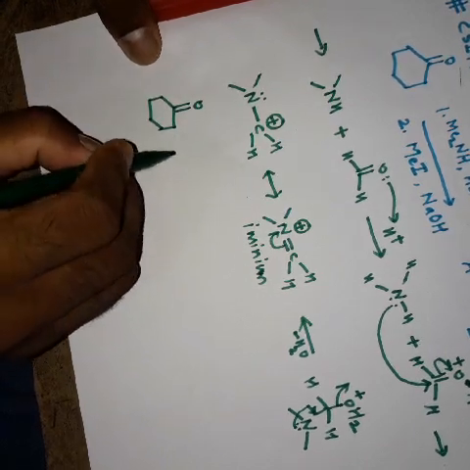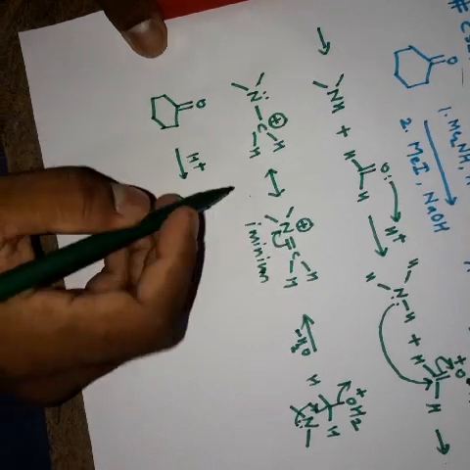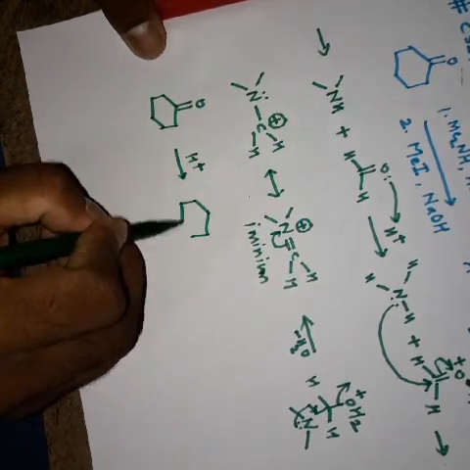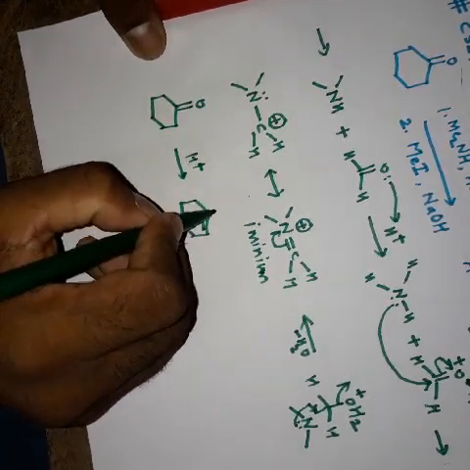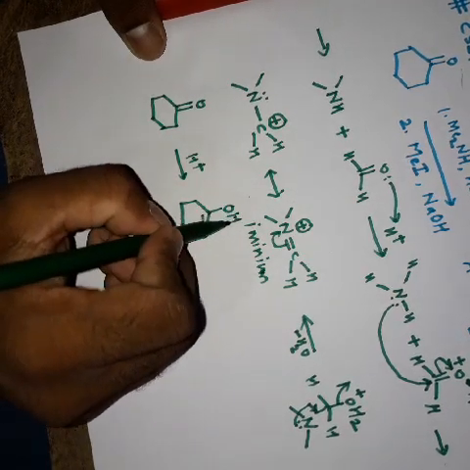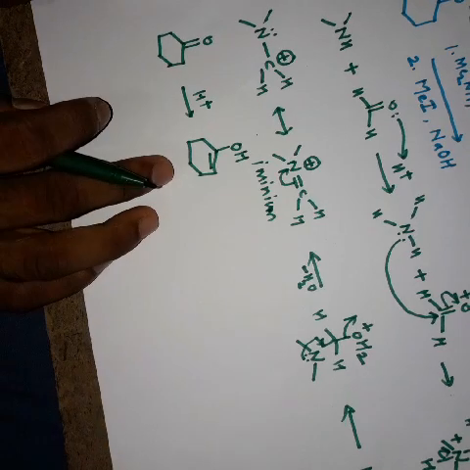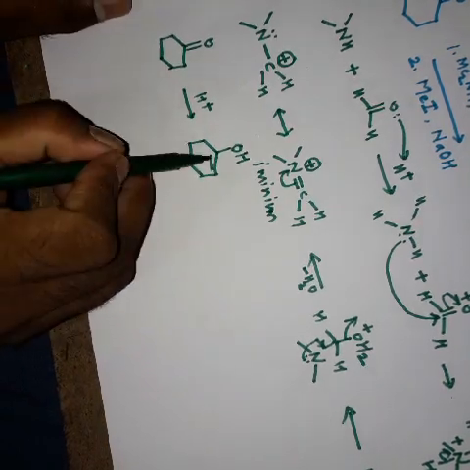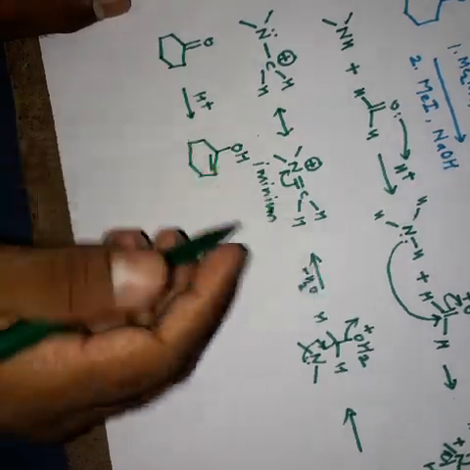Now we have cyclohexanone. In the presence of H plus we can write its enol form. This is our enol form. Now this enol form will act as a nucleophile. So we have a nucleophile and we have an electrophile. These two will react together.